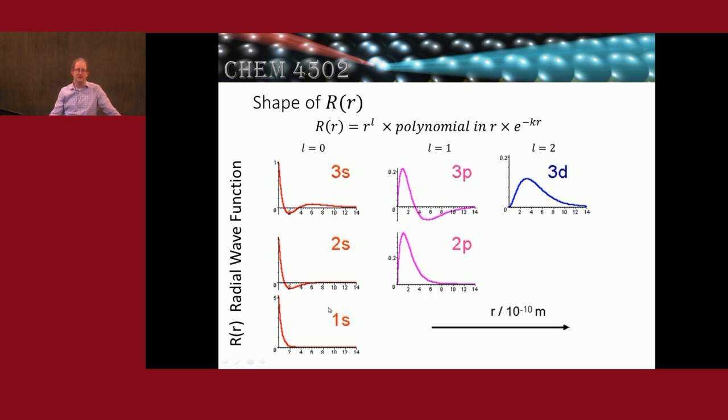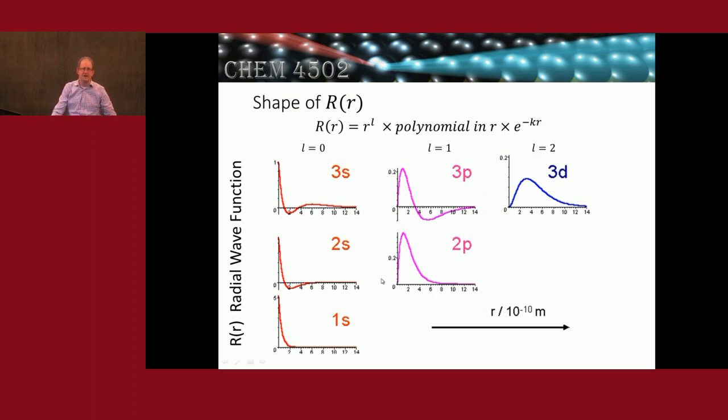What that means is that n is equal to 1, n is equal to 2, or n is equal to 3. As we go up, we're increasing n, and as we go to the right, we're changing the orbital angular momentum quantum number. So we're going from L equal to 0 at an s orbital, L equal to 1 at a p orbital, and L equal to 2 for a d orbital.